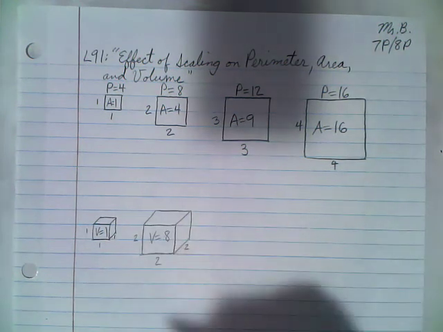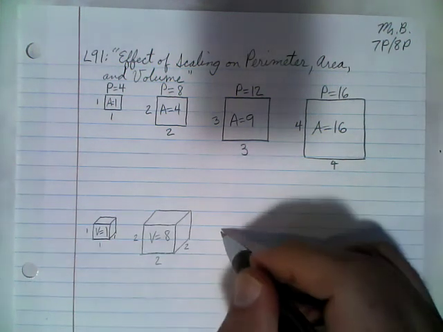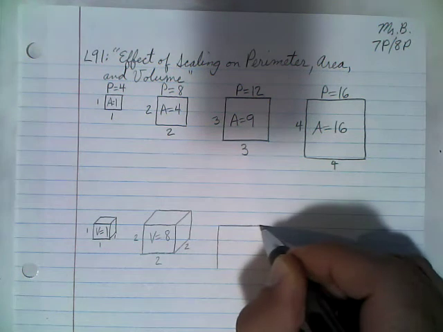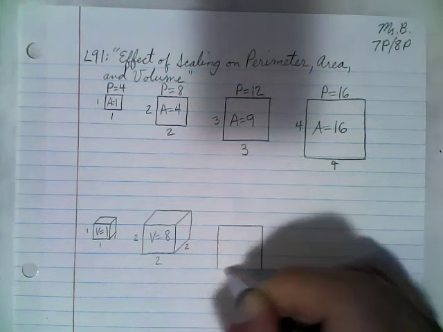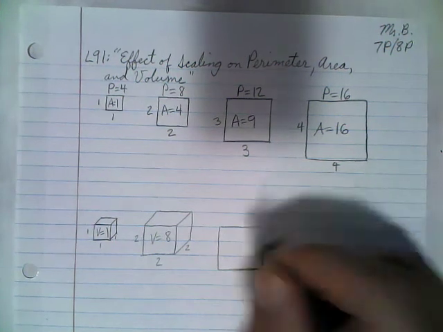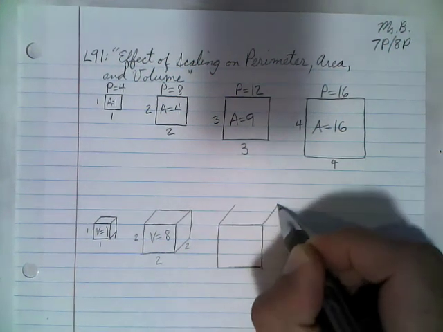That's 8. We do the same thing now with our square that was 3 times as big. This time I'm going to go up a space and a half with my diagonals.